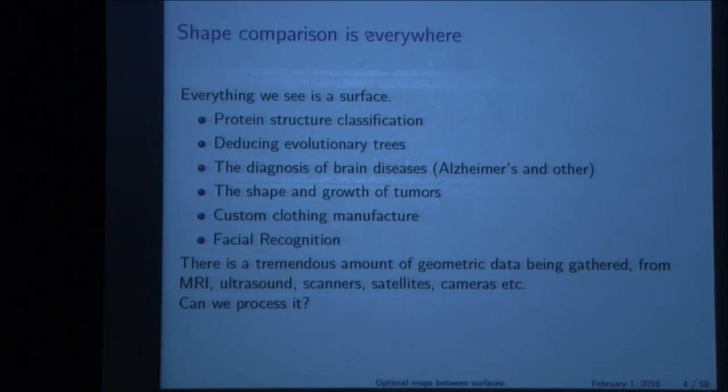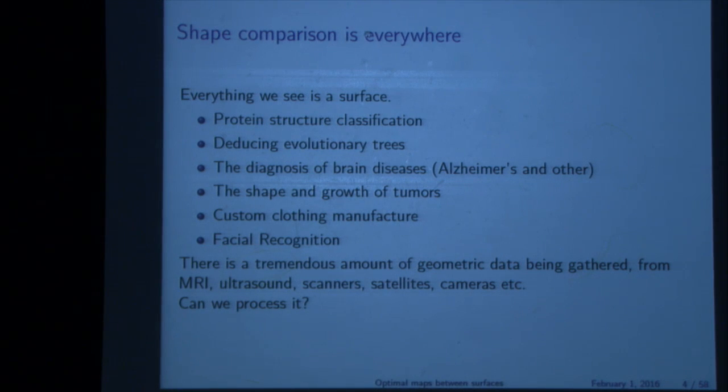One interesting thing is that this question really arises almost everywhere. Everything we see is a surface. Our eyes see 2-dimensional surfaces. So this question arises in many areas and has been looked at by different groups independently. People studying proteins are interested in the shape of proteins.